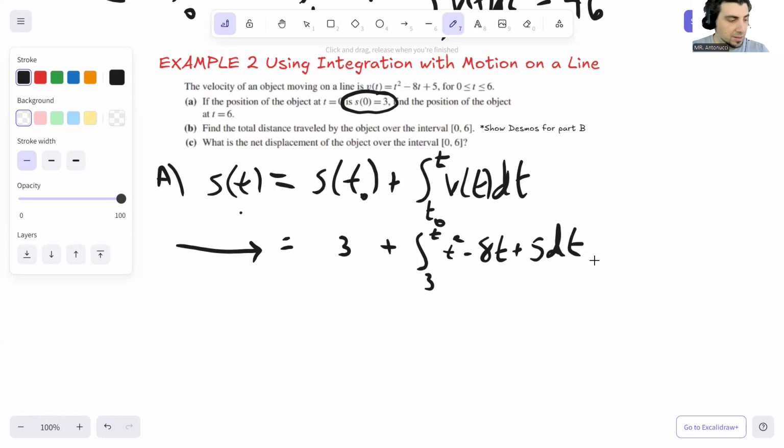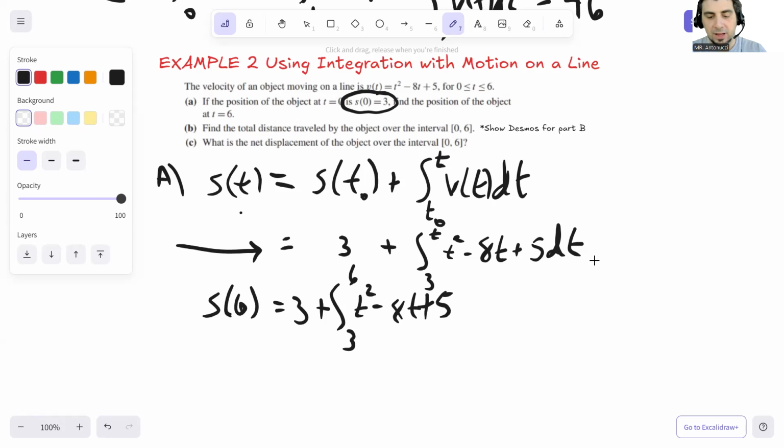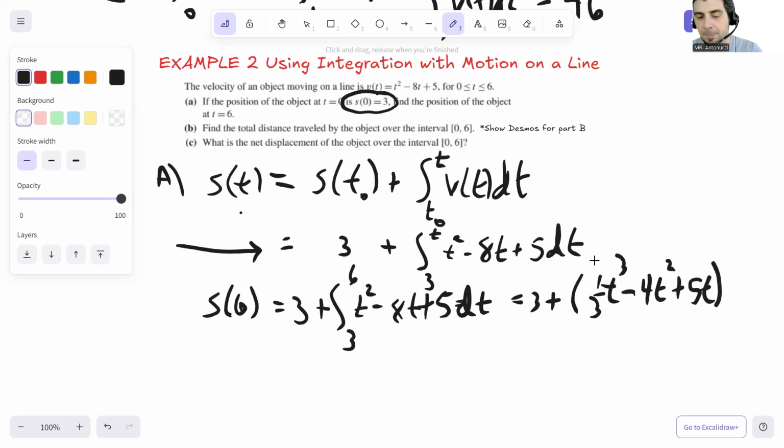But if we integrate this, if we want to figure out s of 6, then that's going to be 3 plus the integral from 3 to 6 of t squared minus 8t plus 5 dt. All right, so 3 plus 1/3 t cubed minus 4t squared plus 5t evaluated at 6 and 3.